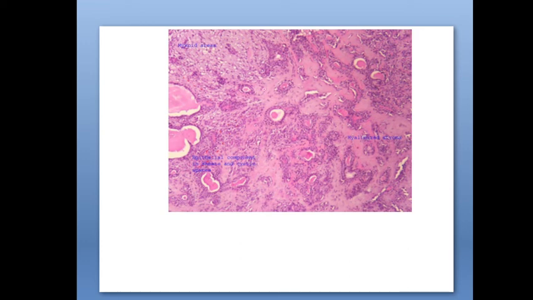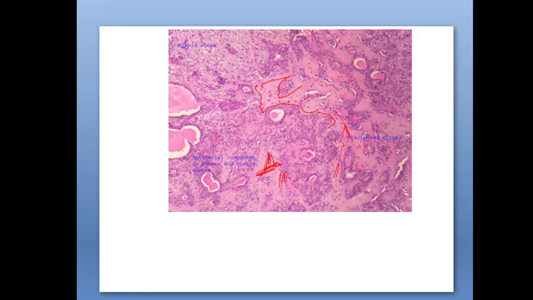This area shows prominent hyalinized areas. All these areas are eosinophilic areas. All these areas are hyalinized areas.